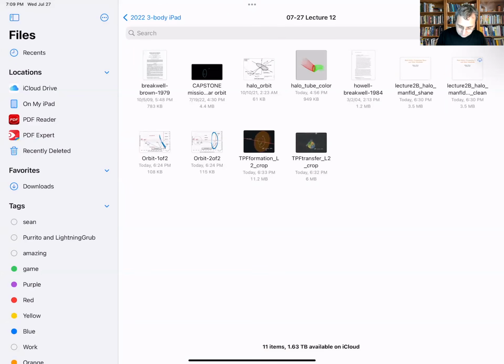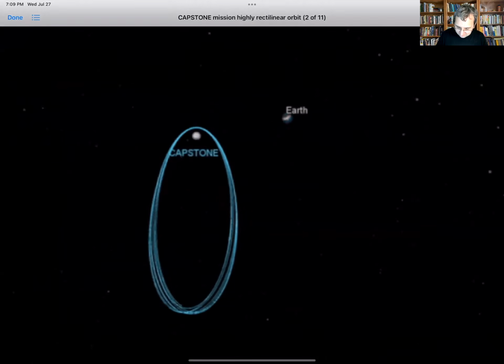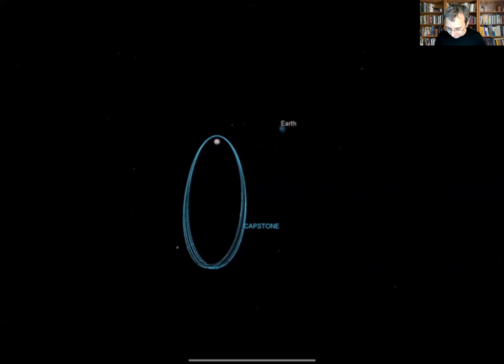There's also an orbit called an almost rectilinear orbit. It was recently launched. It's called CAPSTONE, and it's related to cislunar autonomous something. But it's a first step to try to get GPS on the moon. This is what the trajectory will look like when the vehicle actually gets into orbit.